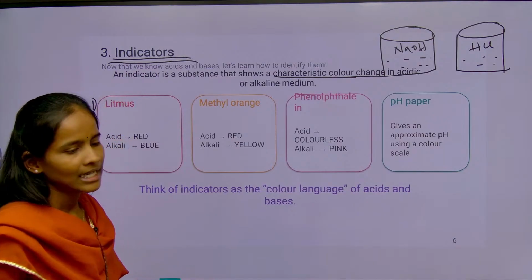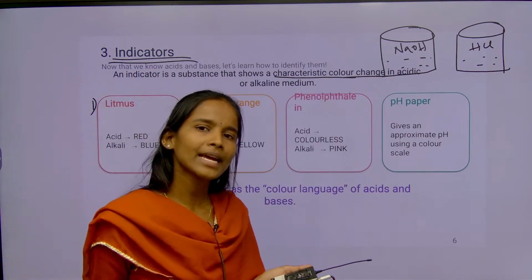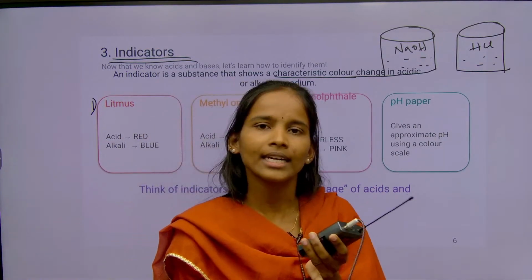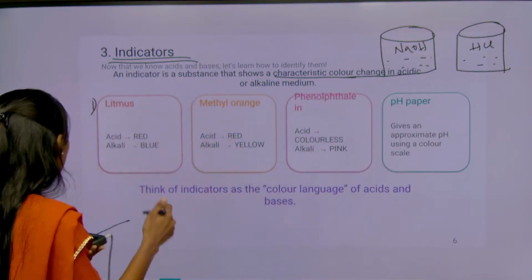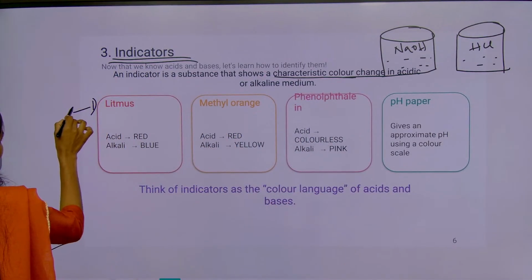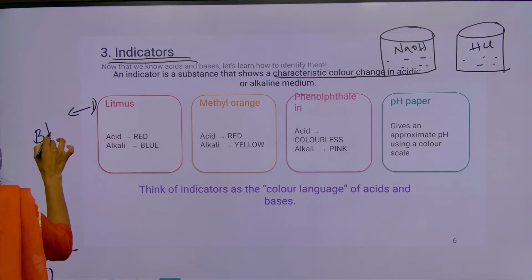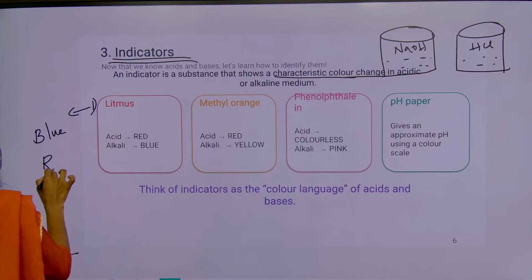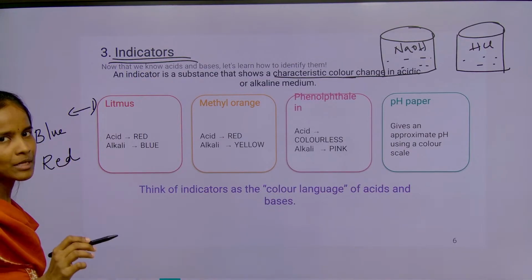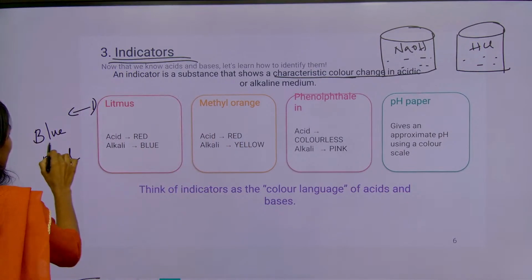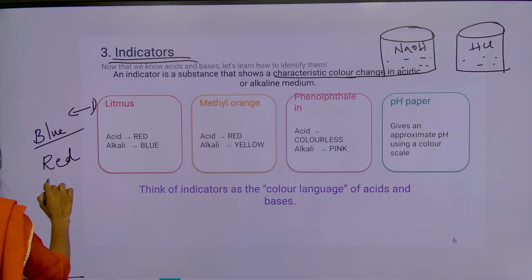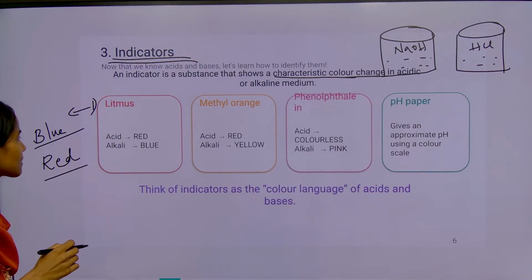The litmus indicator may exist in liquid form, where we get litmus solution, or in the form of papers. Litmus paper comes in blue color and red color, so we get blue litmus paper and also red litmus paper.